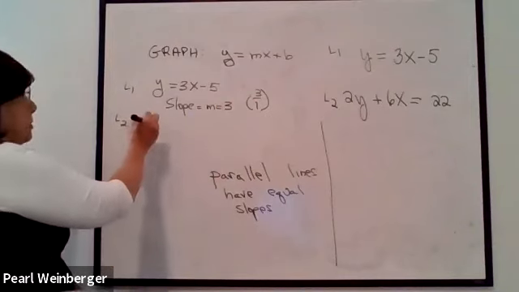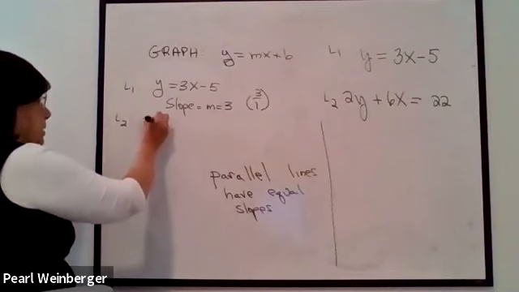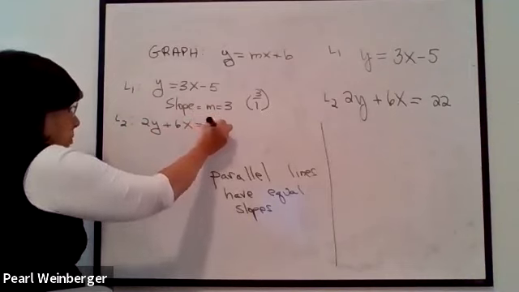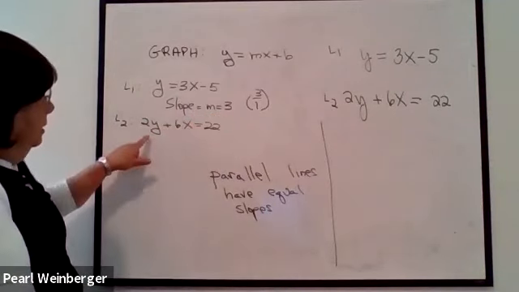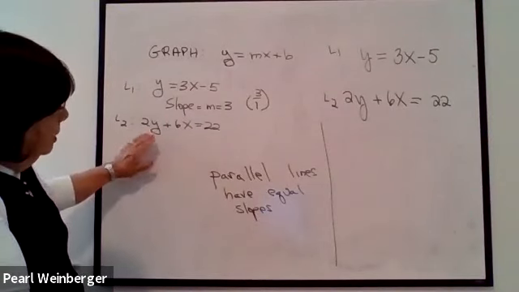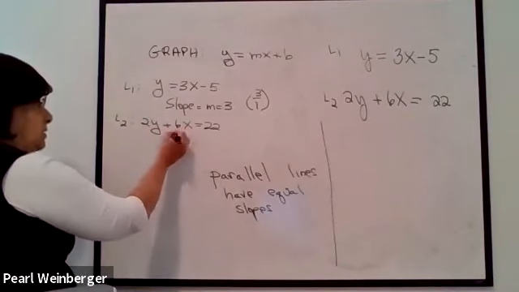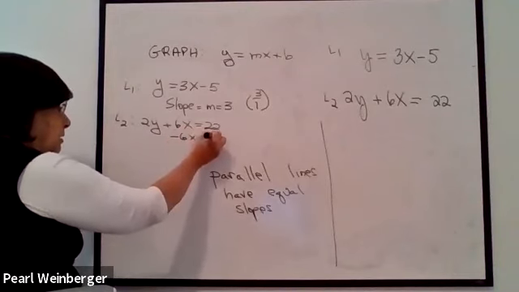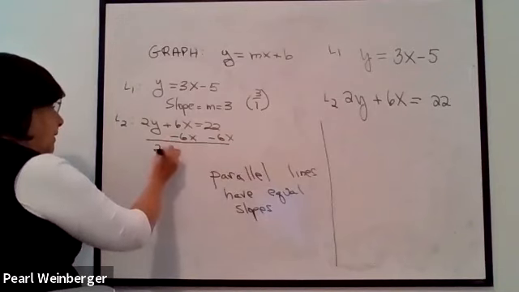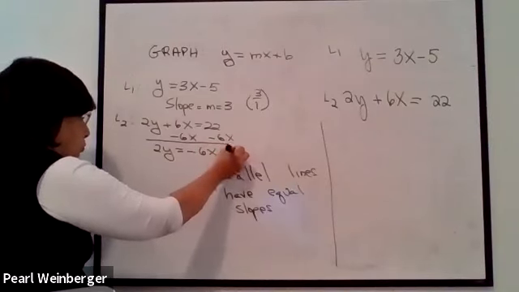So line 2 has the equation 2y plus 6x equals 22. Now, in order to find the slope of this line, I have to get y alone by itself, which means the first thing I have to do is get the 6x to the other side, which will give me 2y equals negative 6x plus 22.